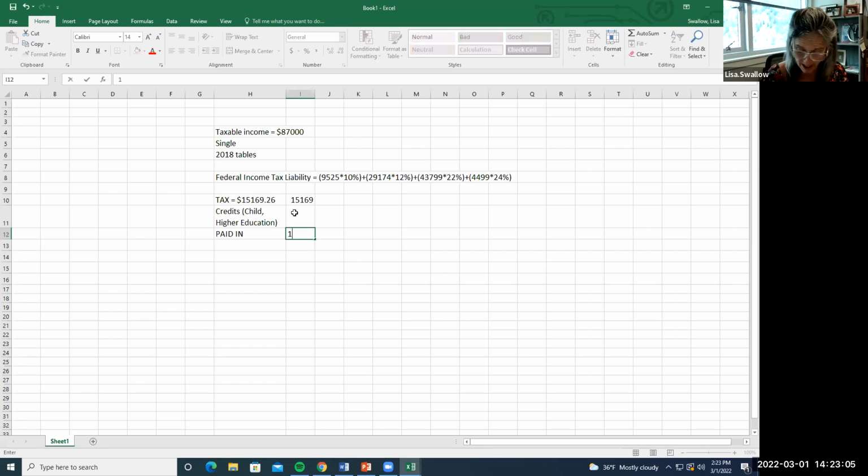So say that I've paid in $13,895. I haven't paid in and I don't have any credits. I'm going to have an amount due, right? Because I didn't pay in as much as my tax bill is. But say I've got a $1,500 higher education credit, and I paid in with my paychecks.